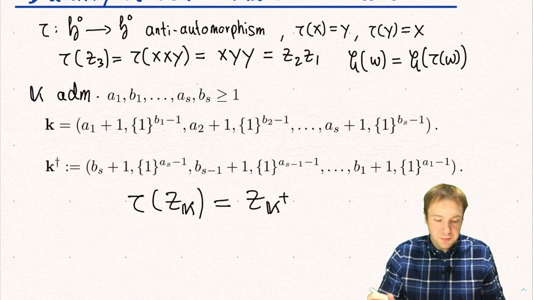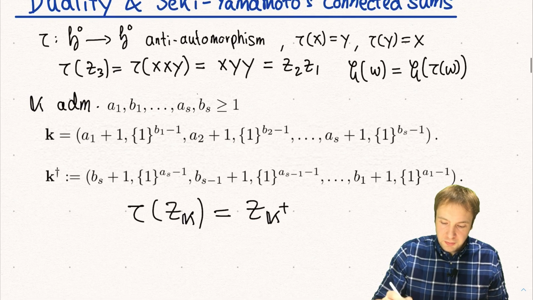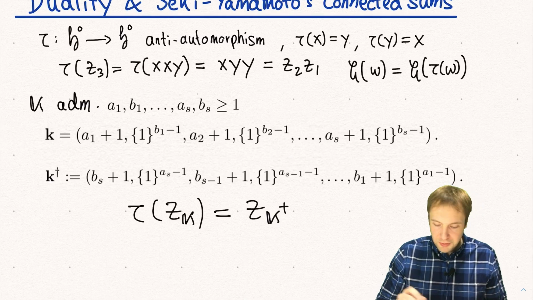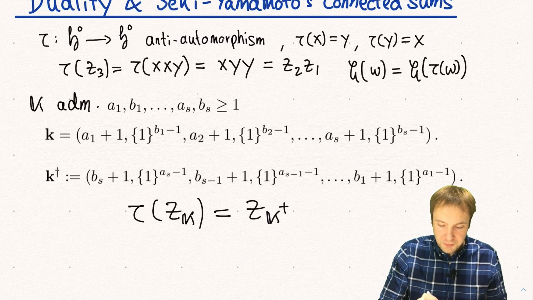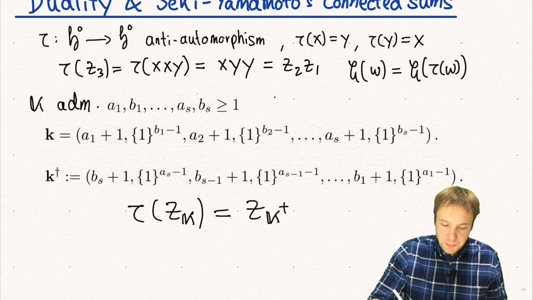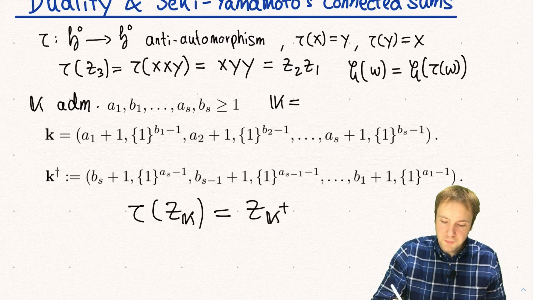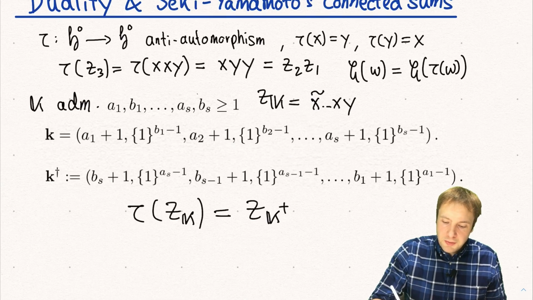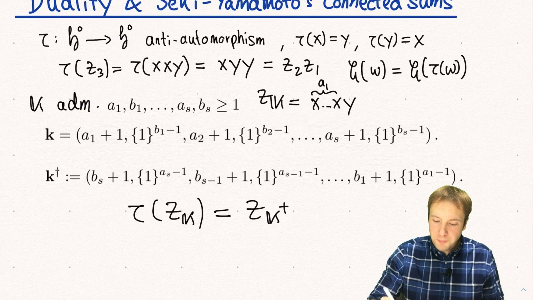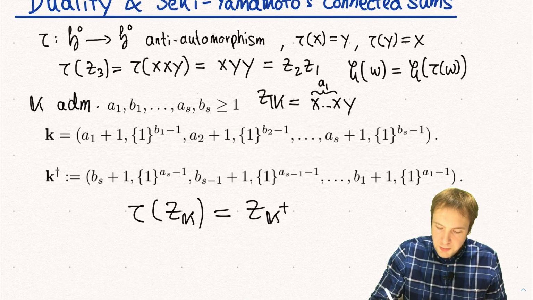And why is this the case? Well, this is an exercise, but the rough idea is if I start with a1 plus 1, this means if I write this as a word, I have some x's, x, x, x, y, and here I have exactly a1 x's. Then I have maybe some y's.